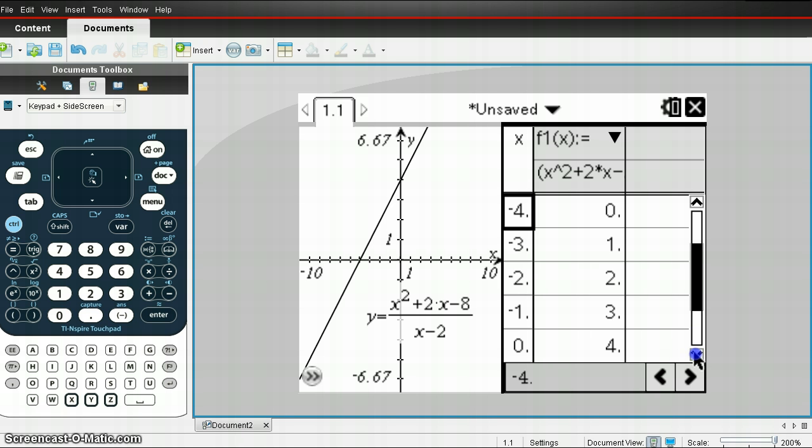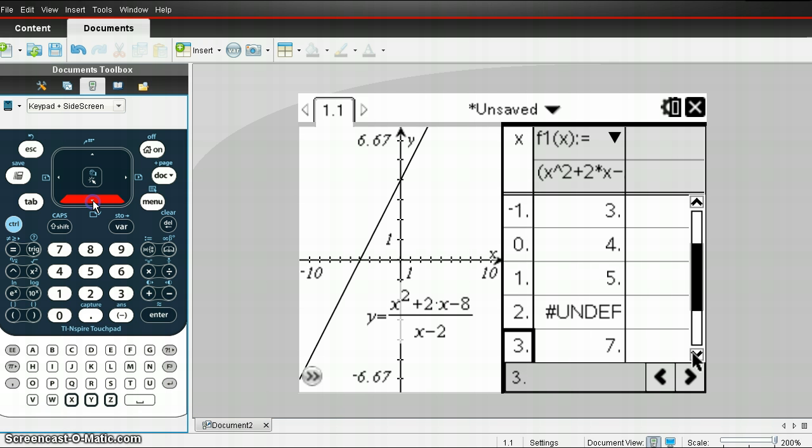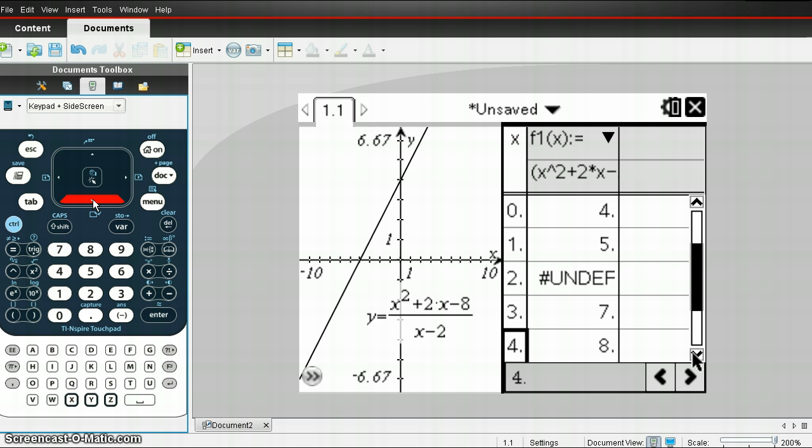So if I keep scrolling, I can see that at 2 it's undefined.